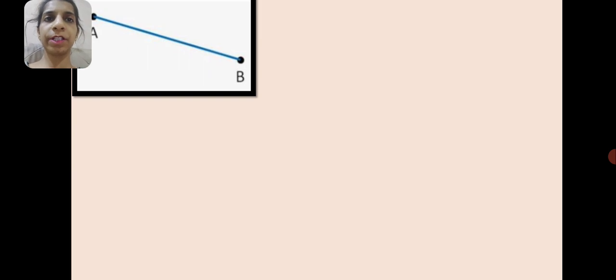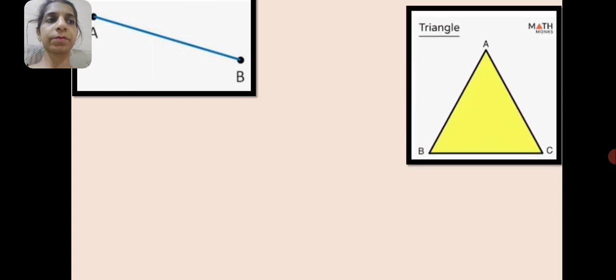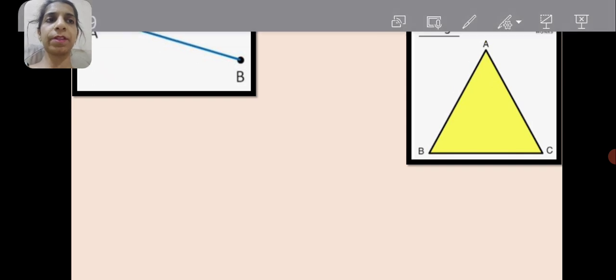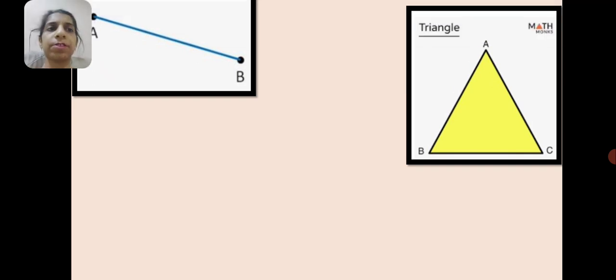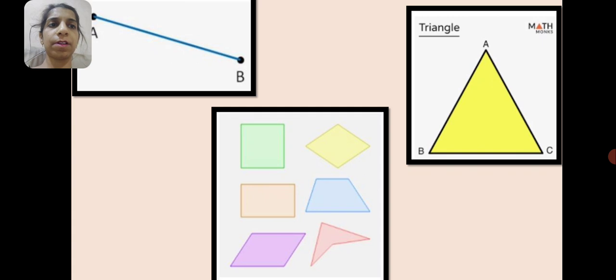So, what do you see in the given figure? Here, 2 points make a line segment. And in the next figure, you are seeing 3 points make a triangle, which is a 2D shape. Next, 4 non-collinear points make a four-sided polygon.